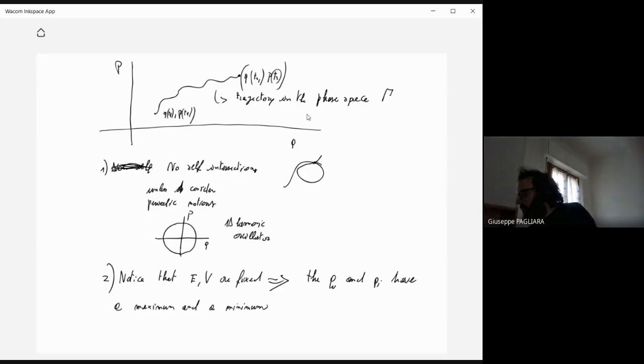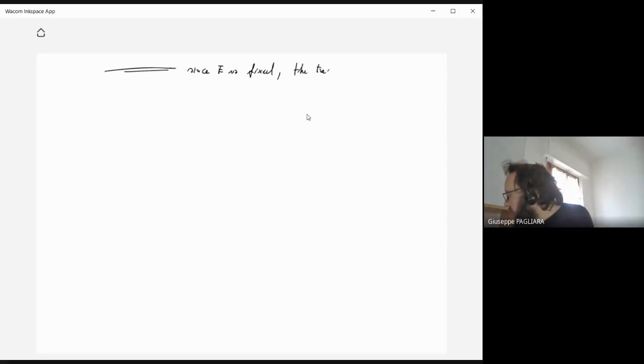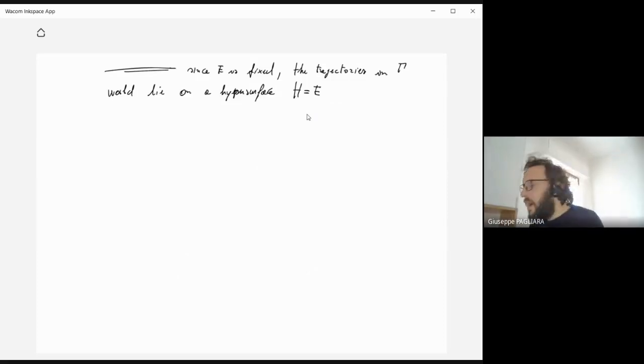the fact that the energy is fixed, since E is fixed, the trajectories in gamma will lie on a hypersurface in which H is equal to E, the fixed energy hypersurface.